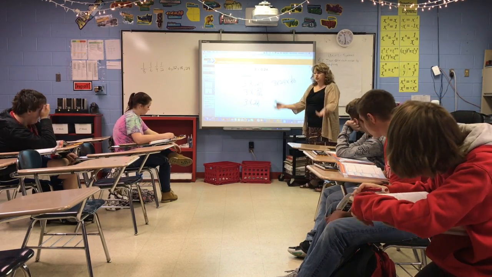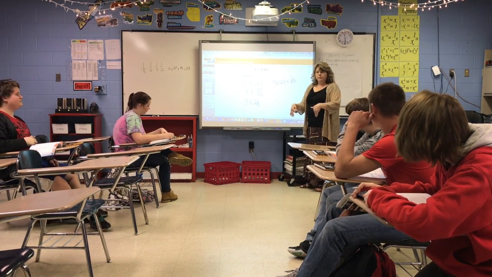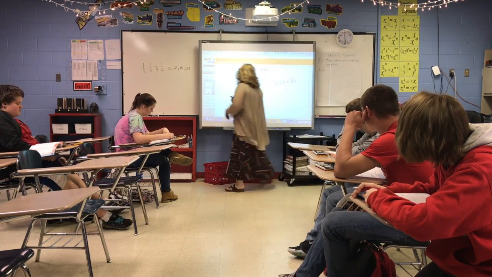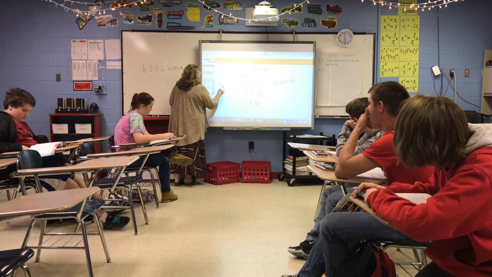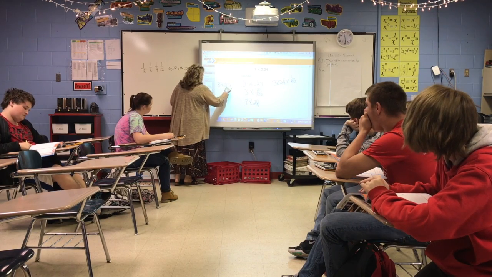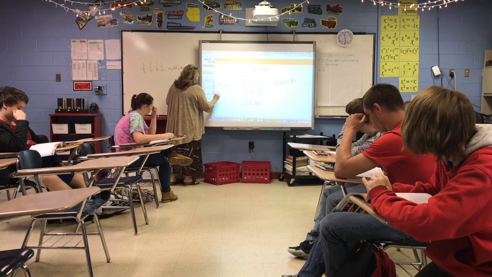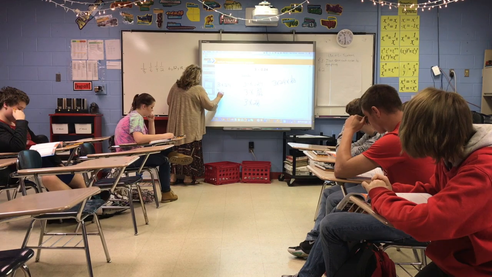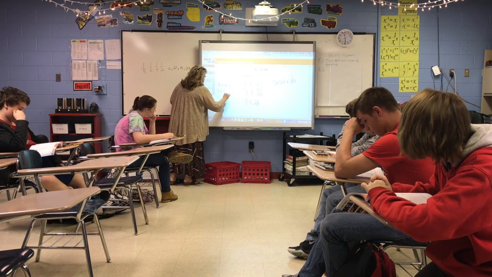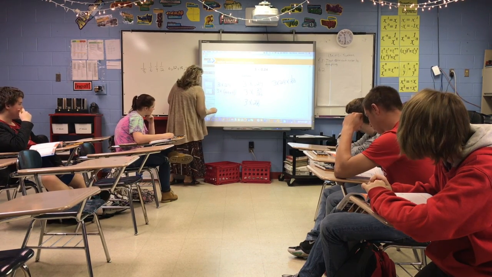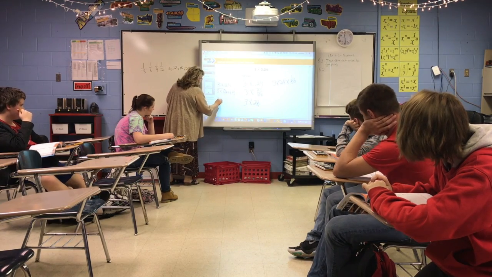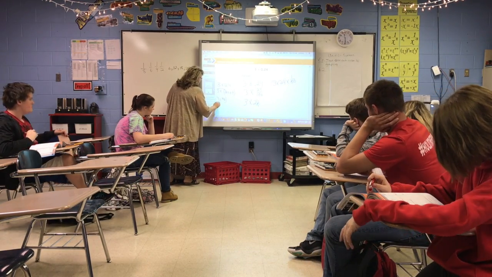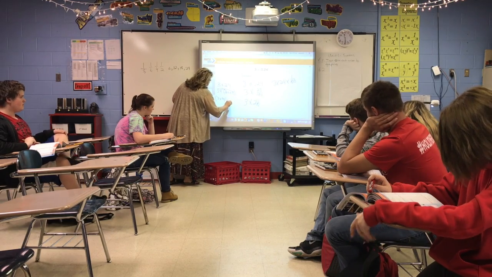Here's where we can use the distributive property, and here's what Ms. Bowen wants to see today. I'm going to take 3 times 24 and break it down to 3 times, and then it's going to be 20 plus 4. So now, 3 times 20, and then 3 times 4.